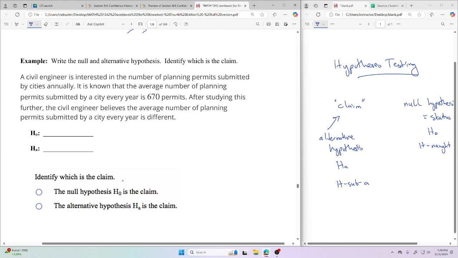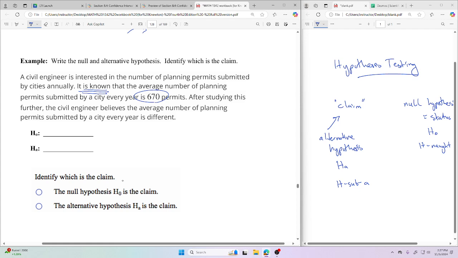Okay, a civil engineer is interested in a number of planning permits. It is known, status quo, regular, everybody knows this, that the average number of planning permits submitted by a city is this much. Okay? Everybody knows that. Didn't you know that? Just joking.